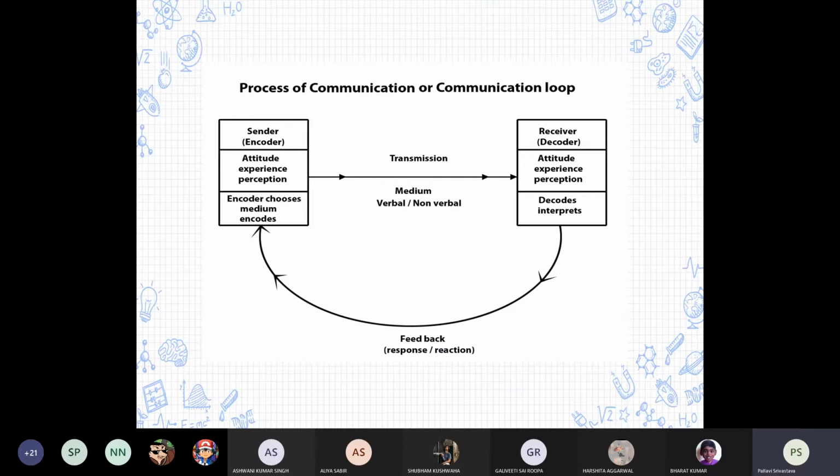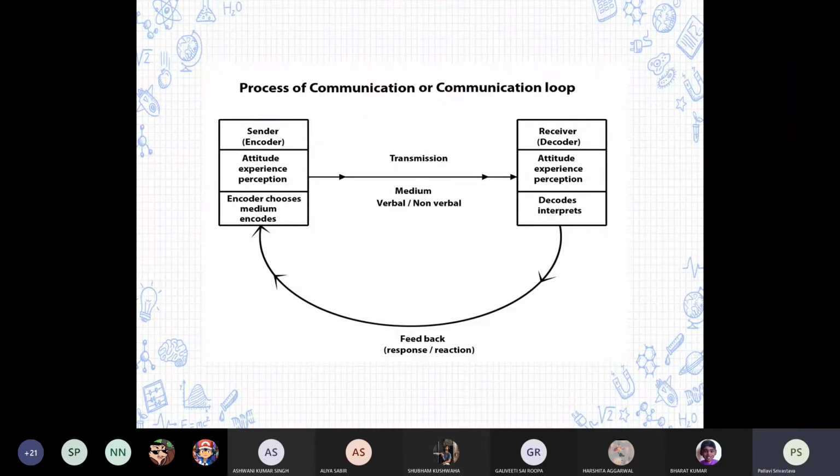What happens? They encode messages and they decode messages according to three terms. Okay, you can see we have three boxes in each party. The middle box says, on both sides, attitude, experience, and perception. So this depends. The sender will encode the message according to his attitude.